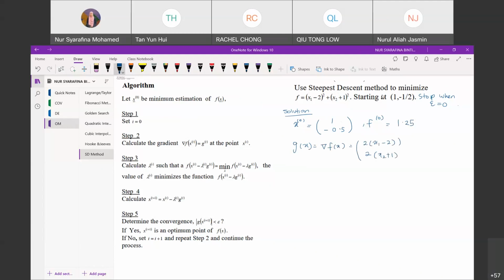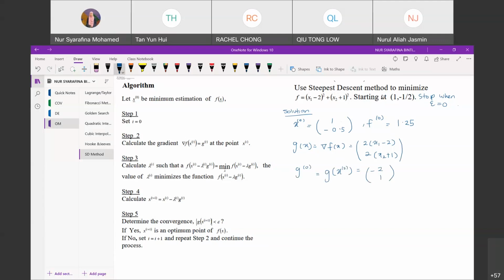Differentiate this partially one by one, and then we can find our g naught, which is, just substituting x naught, minus 2, 1. So we identify g at the point x naught.